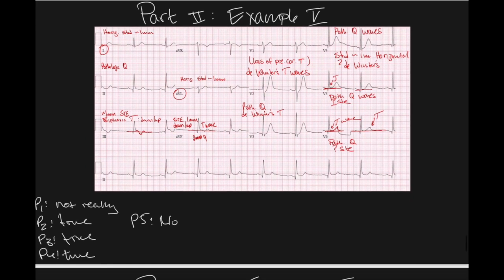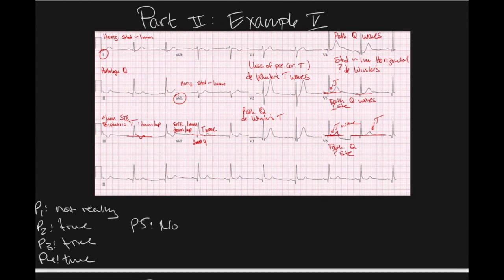So all in all, we have some interesting findings. So we have some pathologic ST depression in the high laterals. If I could spell high. So that's lead 1 and AVL. We have some biphasic T's in the inferior leads. Delta waves are present.